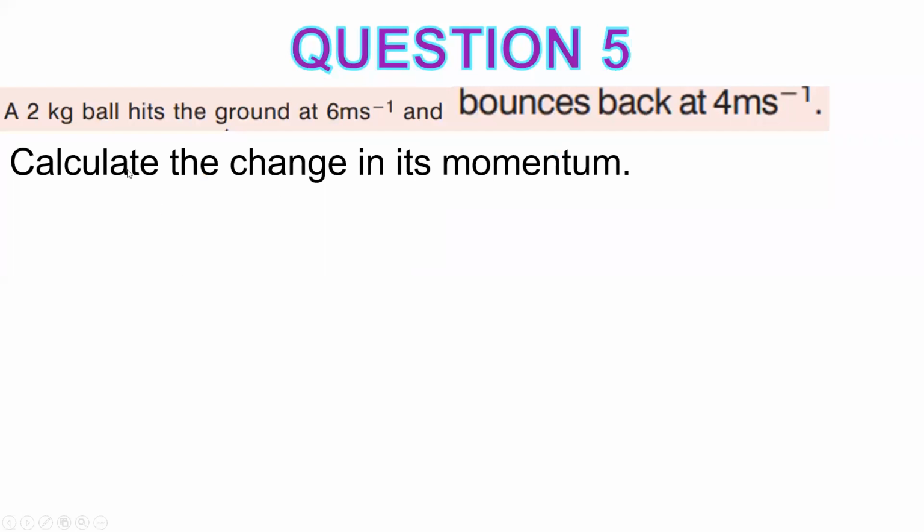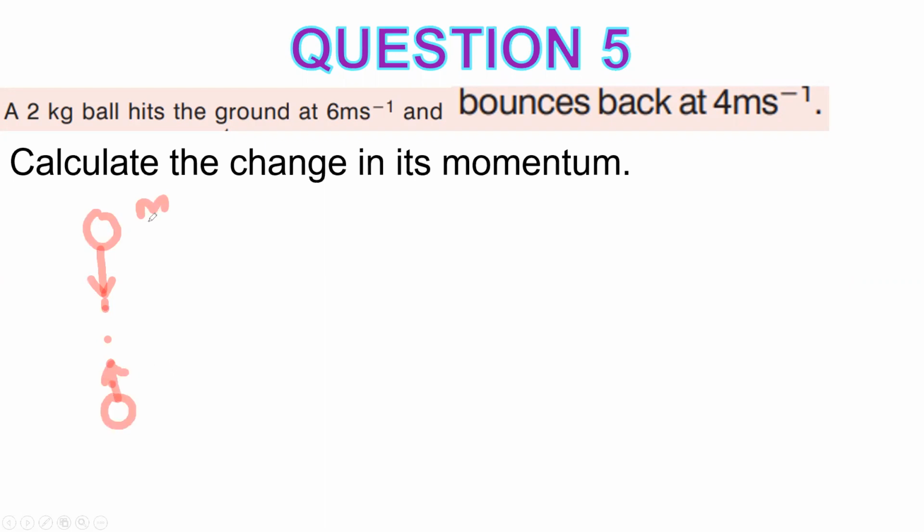Another easy question, but now up and down. So a 2 kg ball hits the ground at 6 meters per second. It's going down with 6 meters per second and then bounces back with 4 meters per second. All right, let's draw and let's show. First of all, you have a ball, it is going down with mass, and then it's just going up.